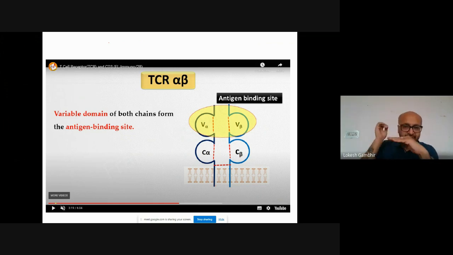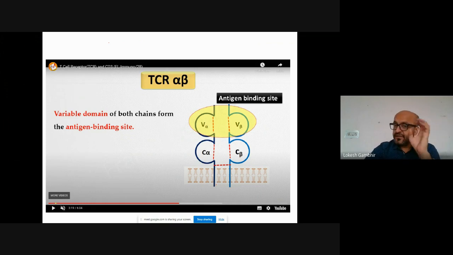So consider this is a membrane, this is the cytoplasmic material. A receptor should ideally be able to transduce the signal via the cytoplasmic tail. The longer the tail, the better the transduction will be. So currently alpha beta has a very short fragment. In fact, only 3 amino acids are present inside the cytoplasmic part.